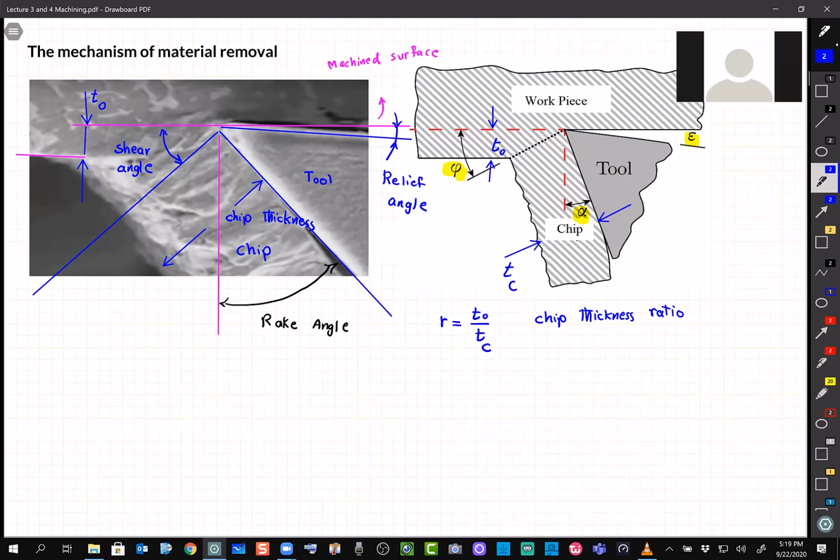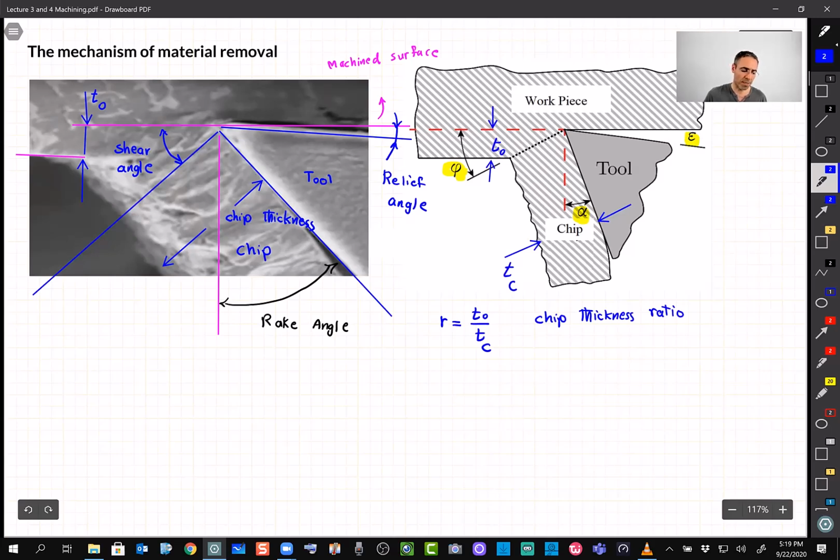All right. So again, please forget that 90 degree here. As a general case, the shear angle is an angle of the layer where shearing stress removes material, which we will calculate in a moment.